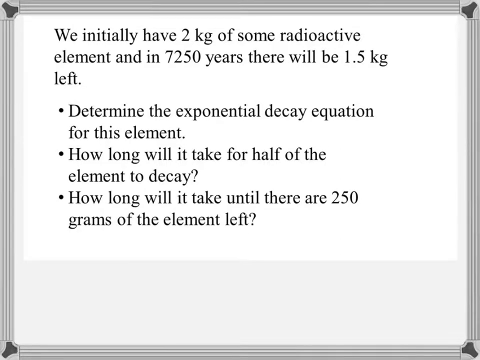So here is a problem where we will use that. We initially have 2 kilograms of some radioactive element, and in 7,250 years, there will be 1.5 kilograms left. Determine the exponential decay equation for this element.